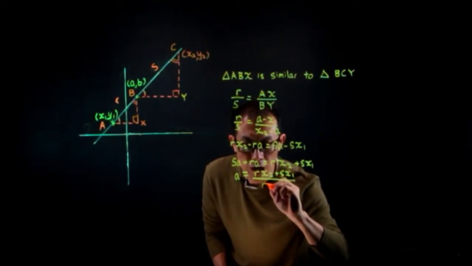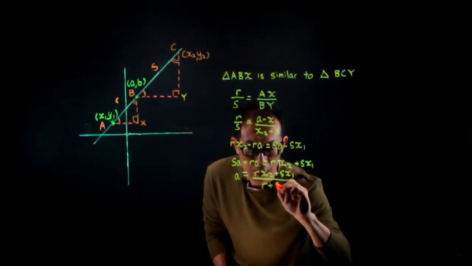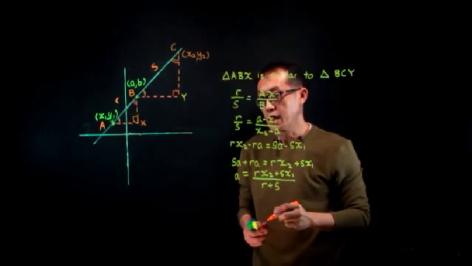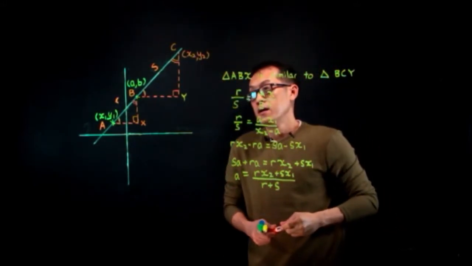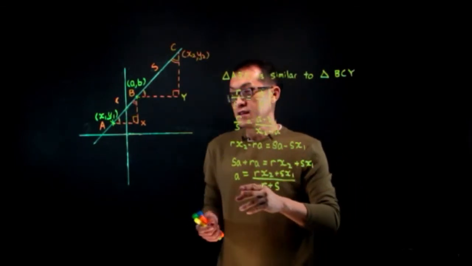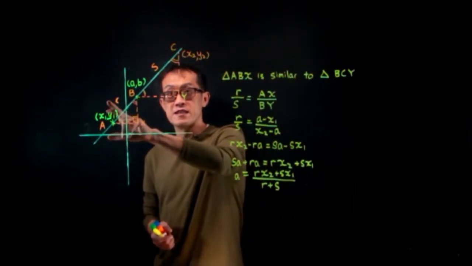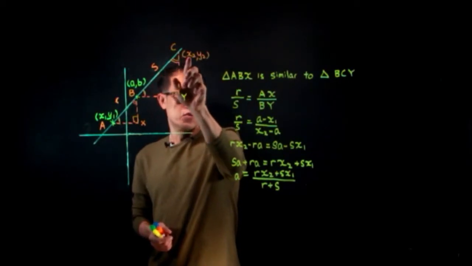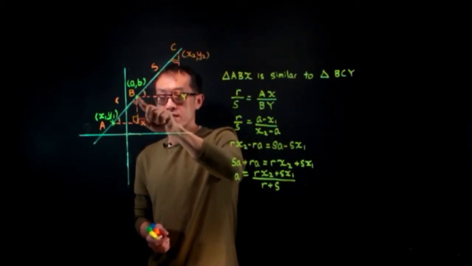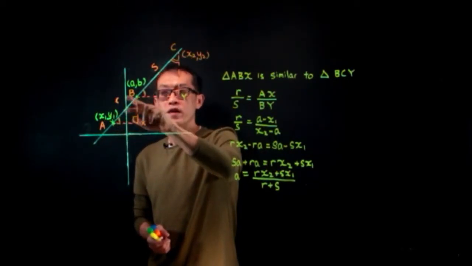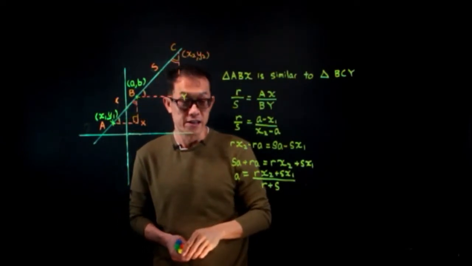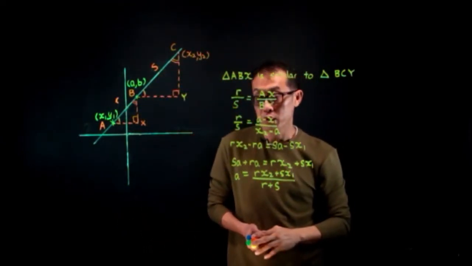You have R plus S. Okay? Now, if you look at it, it's R times X2 plus S times X1 over the sum of R and S. Alright, this is the ratio theorem.